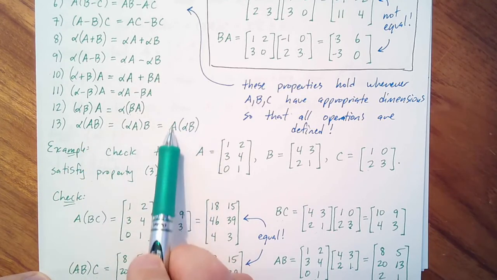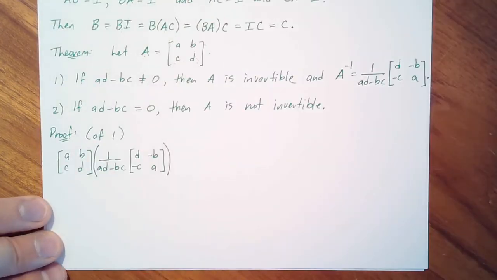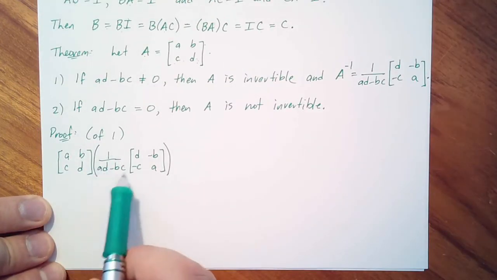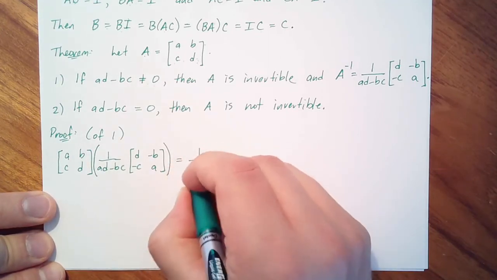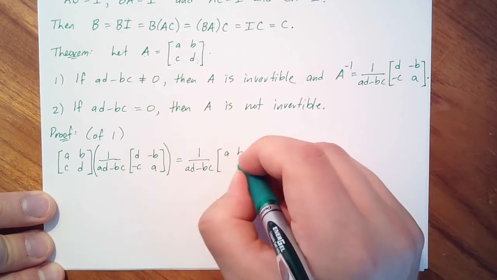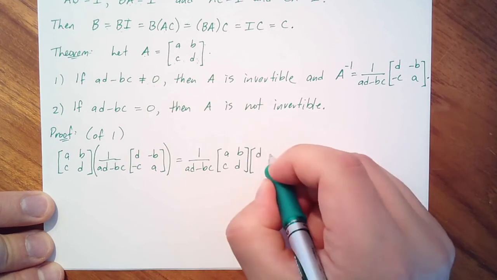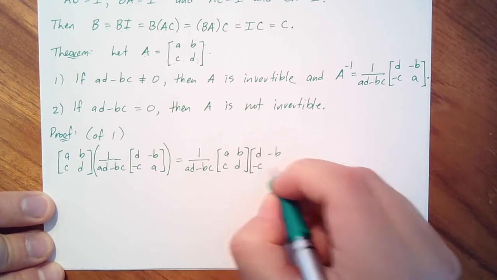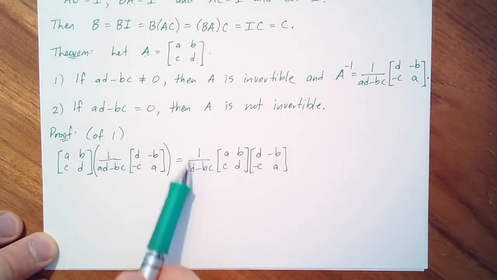So I'm going to use the equivalence of this expression and this expression to pull that out in front. So you've got 1 over AD minus BC, and then the 2 matrices we're multiplying, I'll write directly side by side, and now we can perform that multiplication. Just leave that scalar alone for now.